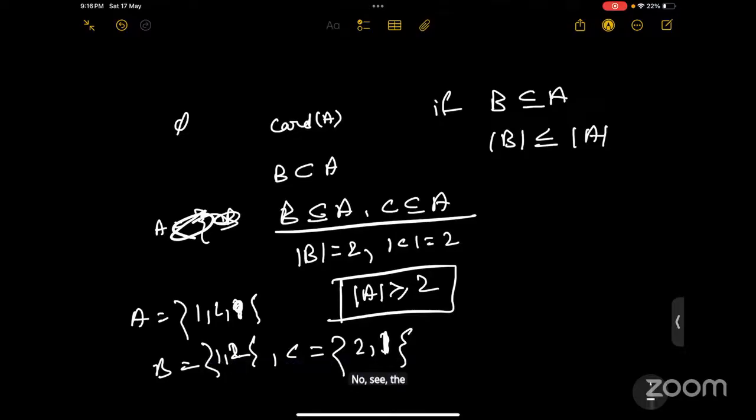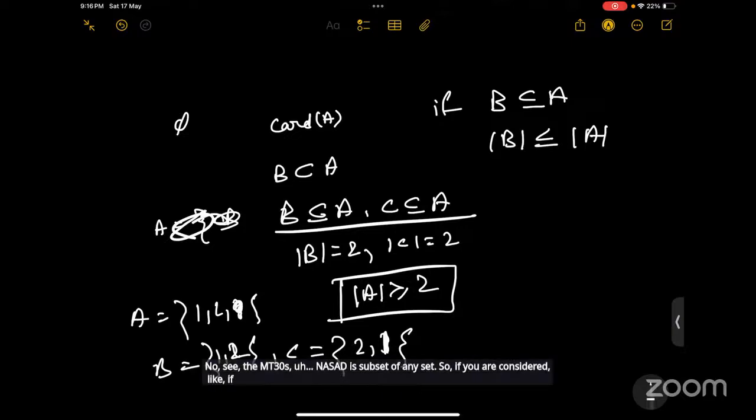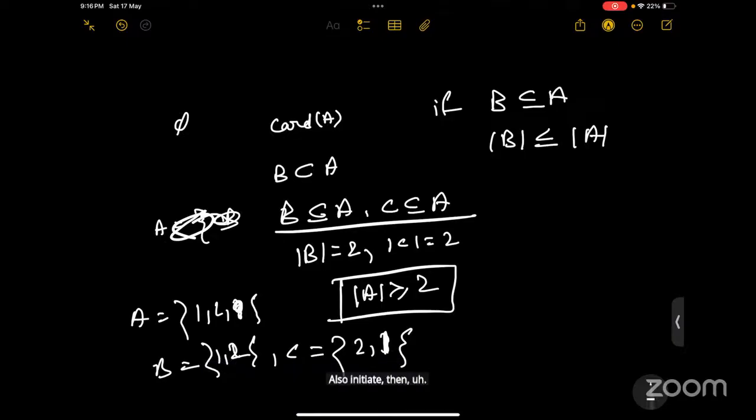The null set is a subset of any set. So if you are talking about subsets of any set, then the null set is a subset of any set in any case. Okay, a null set is a subset of any set.